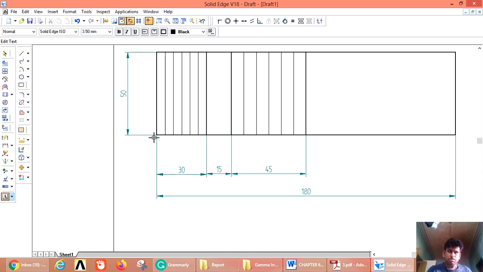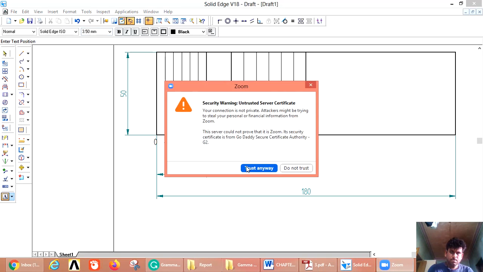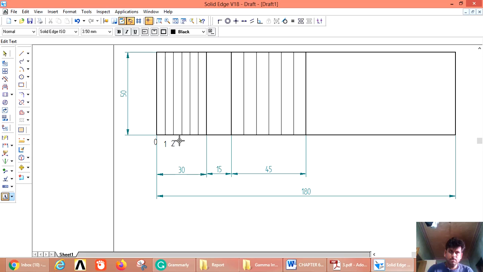The initial position is 0, then 1, 2, 3, 4, 5, 6.